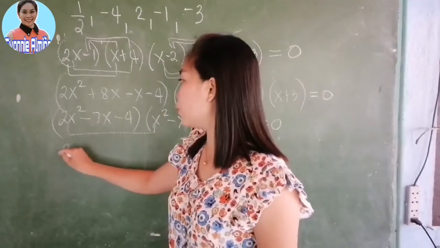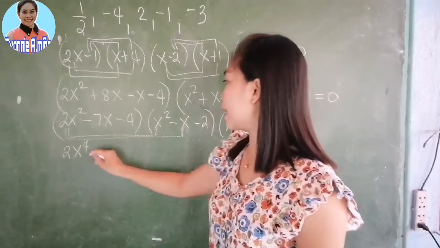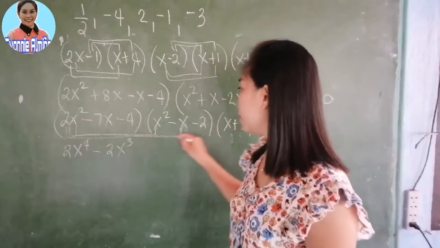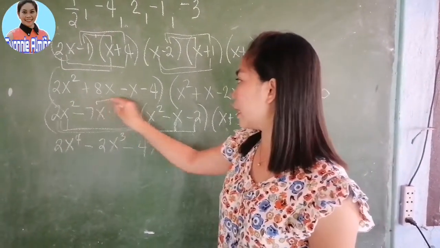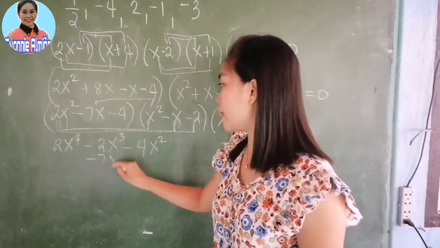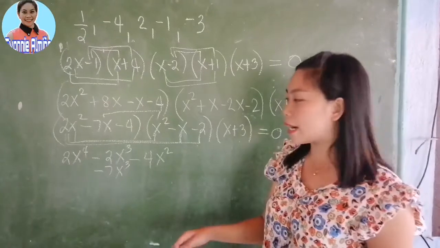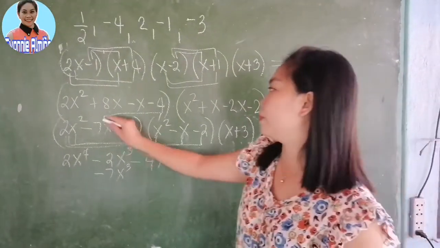So, you have 2x raised to 4, negative 2x cubed, negative 4x squared, then this is negative 7x cubed. If you notice, I align them right away so it is easier to compute and solve.